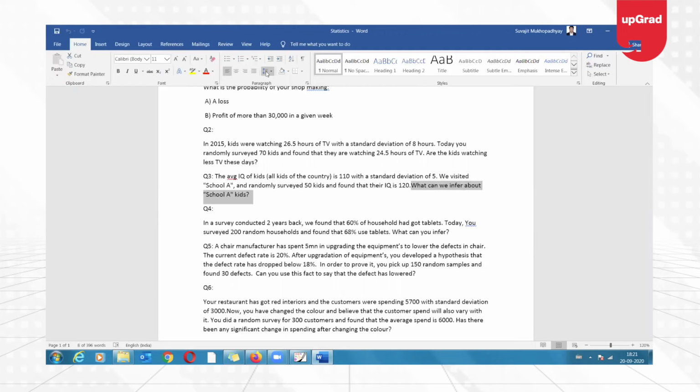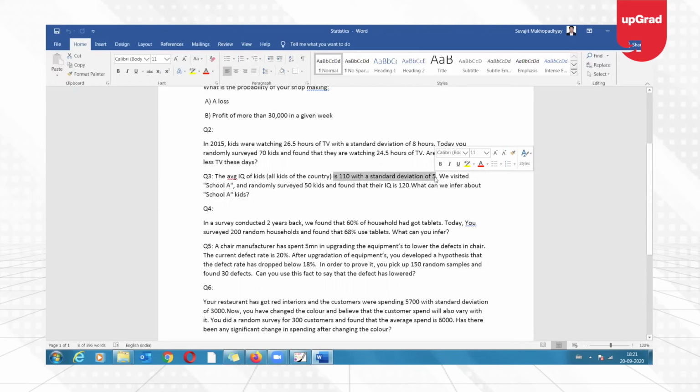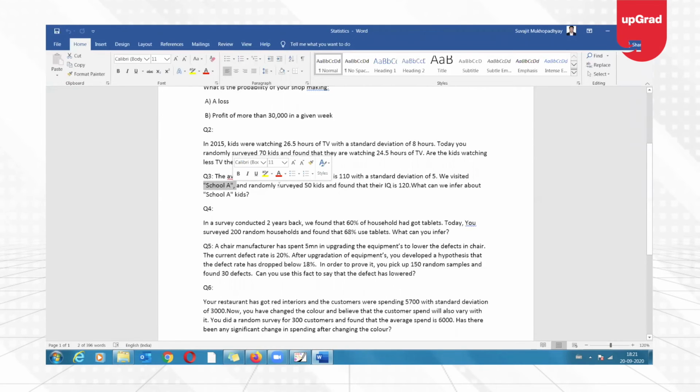So what we see is that the national average is 110 with a standard deviation of 5. However, when we visited a particular school and randomly surveyed, and by the way, we have to emphasize the word randomly surveyed. We cannot survey our known people and say, okay, I'm done. We randomly picked 50 kids and found out that their IQ is 120.